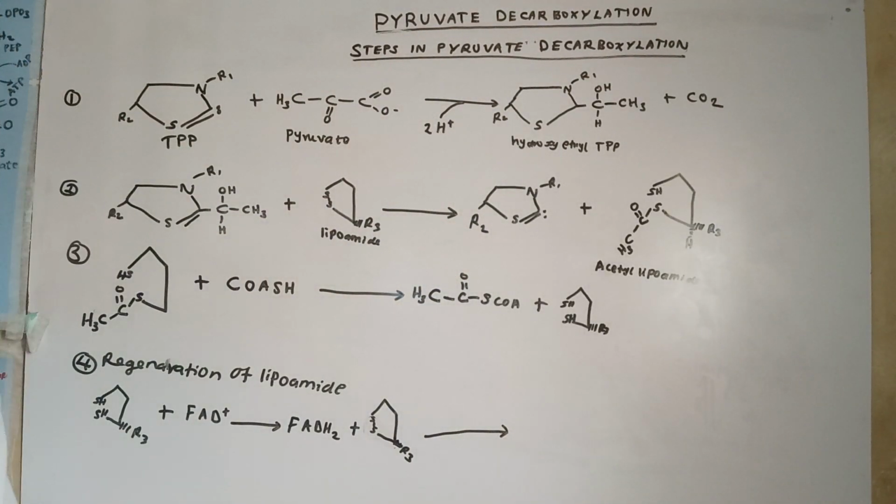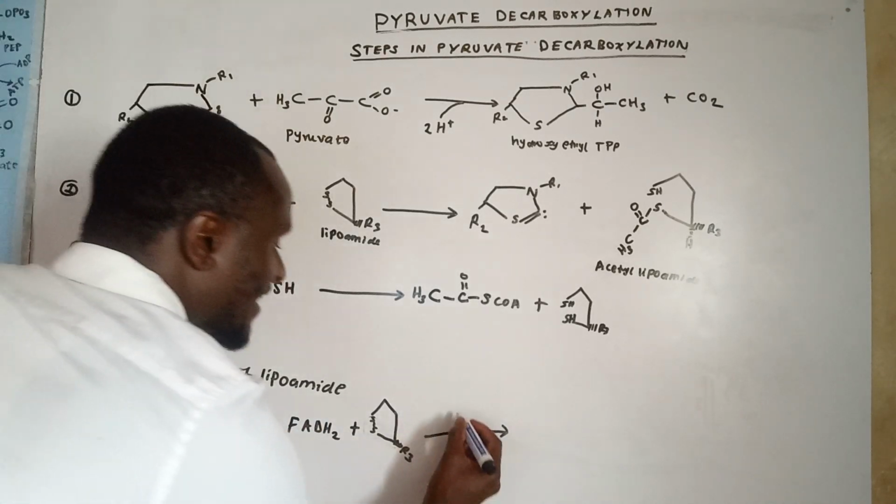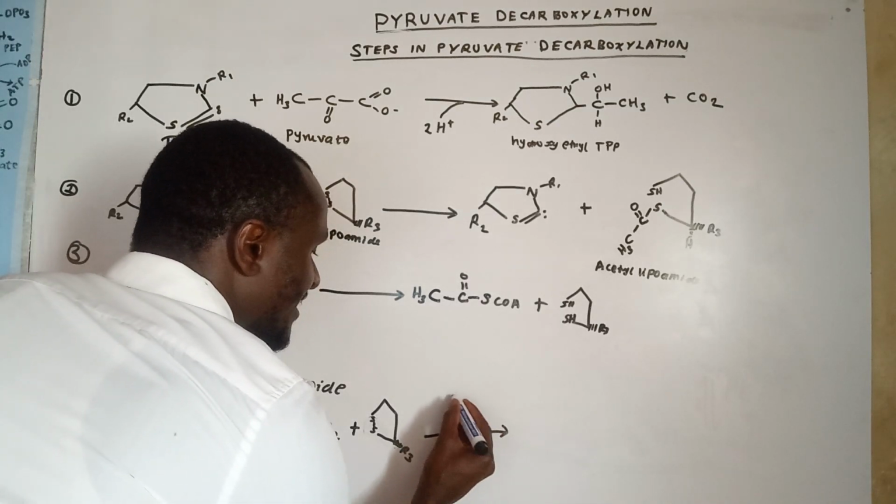So our next step is the reaction of this FADH2, the reduced form of FAD, with NAD plus to form NADH.